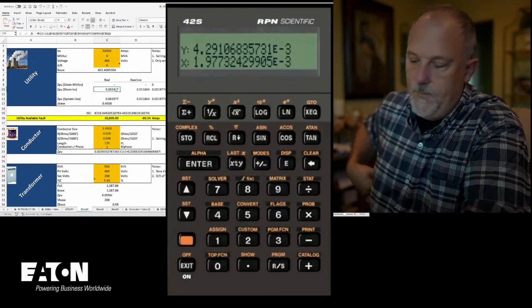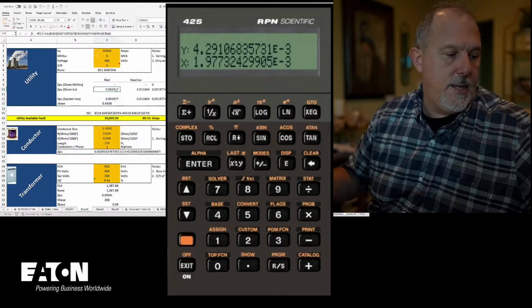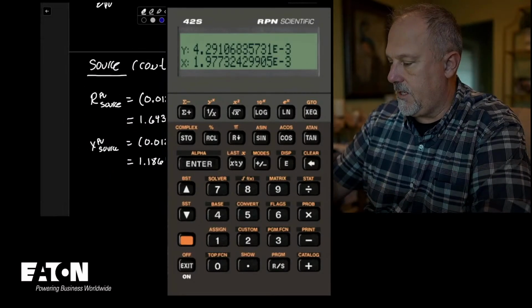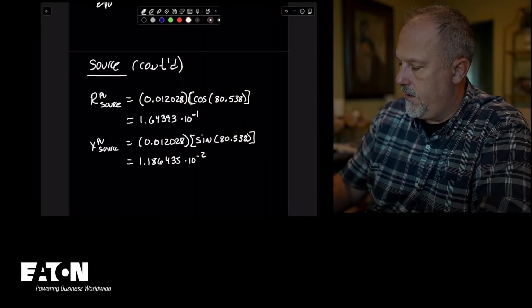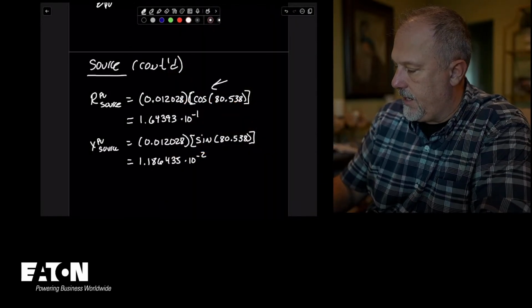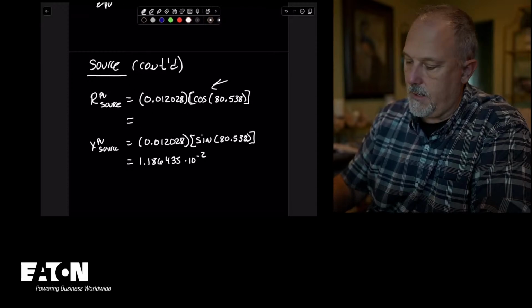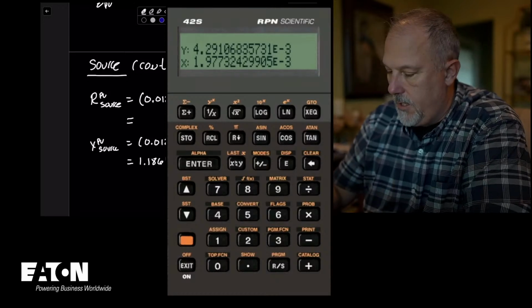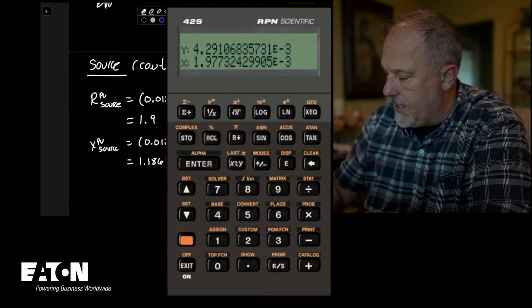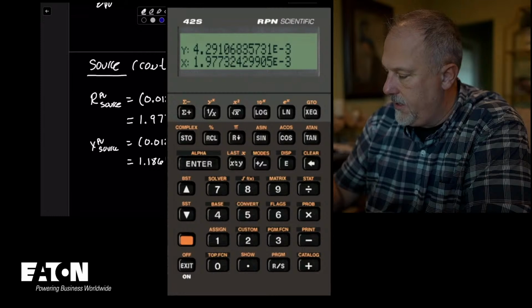So when I did my calculation here, this value right there, I calculated that wrong. It should be 1.9773 times 10 to the negative 3.